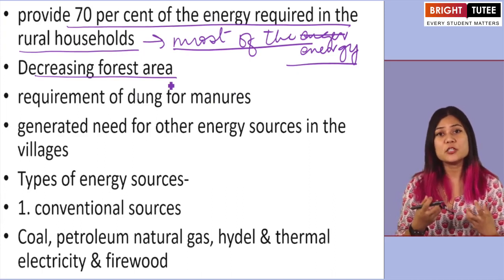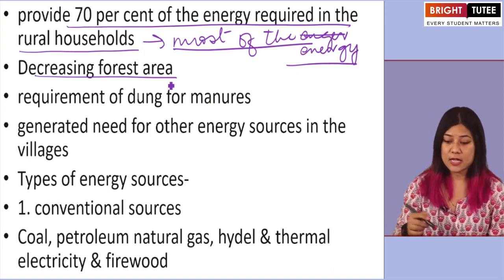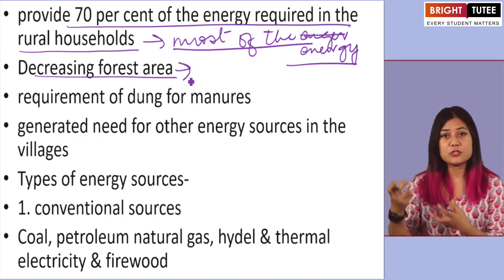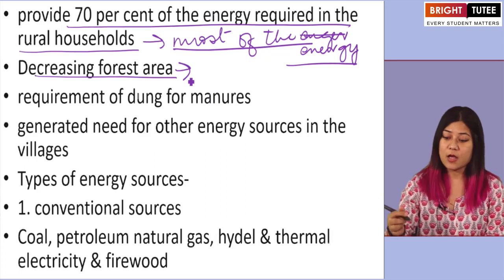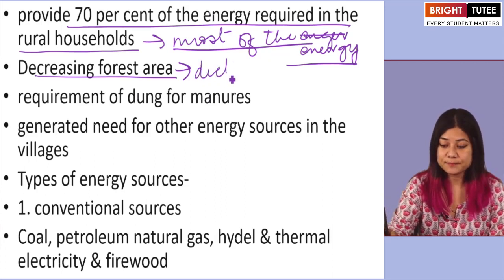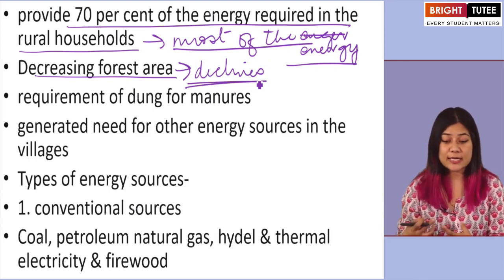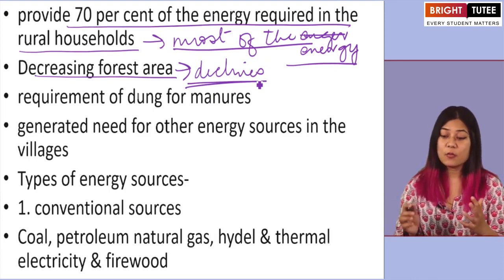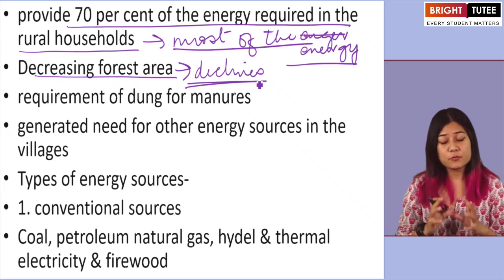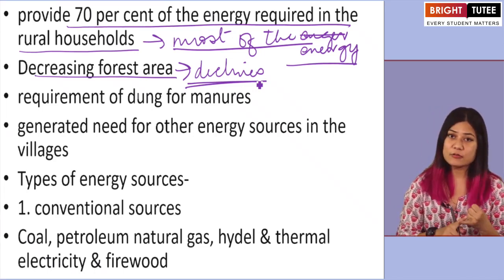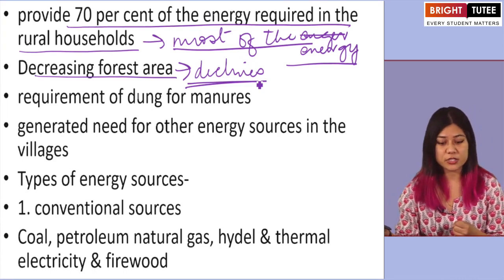The provision of firewood declines. The ability of the people in the villages to acquire firewood declines. Availability of firewood declines. And people in the rural areas use cow dung cakes, another source of energy.